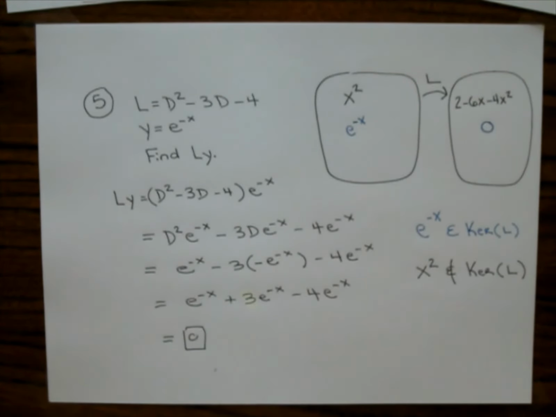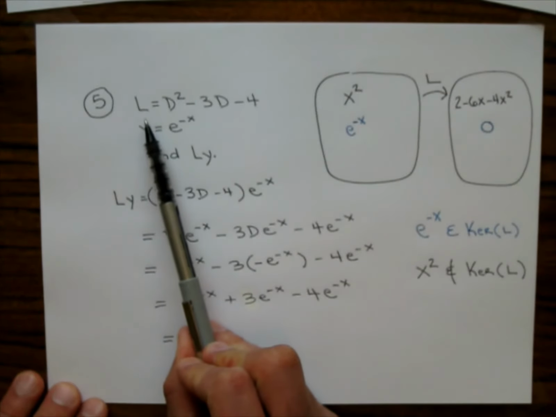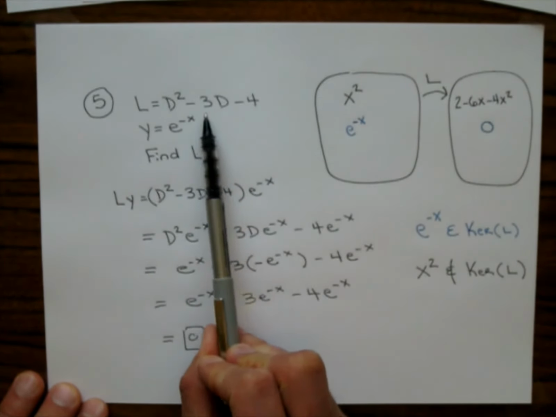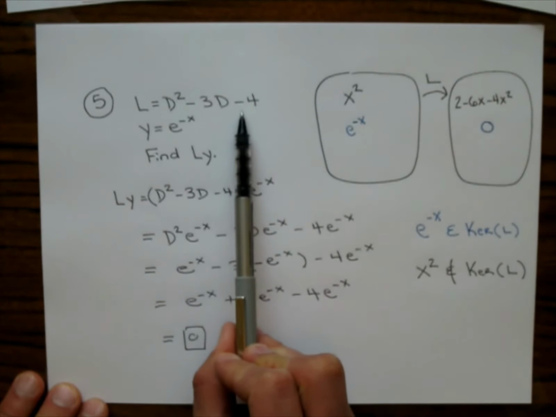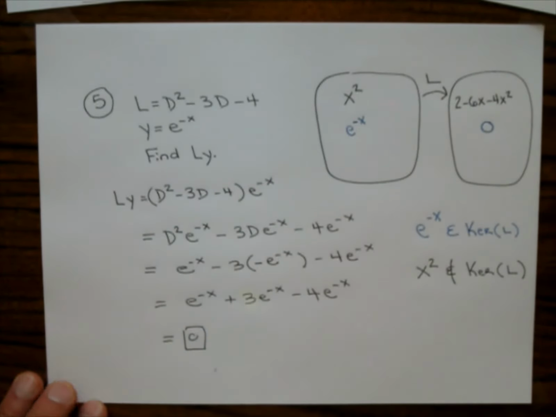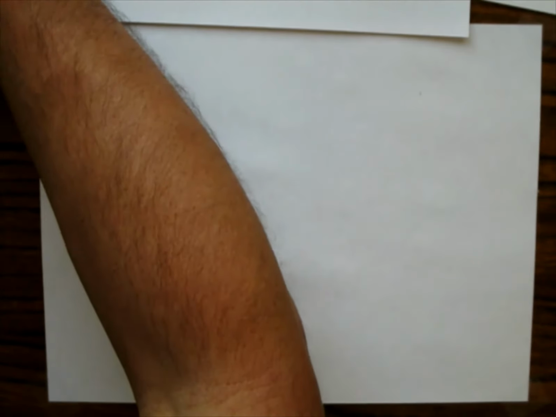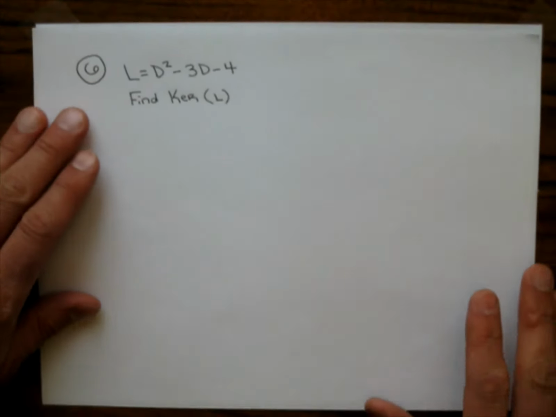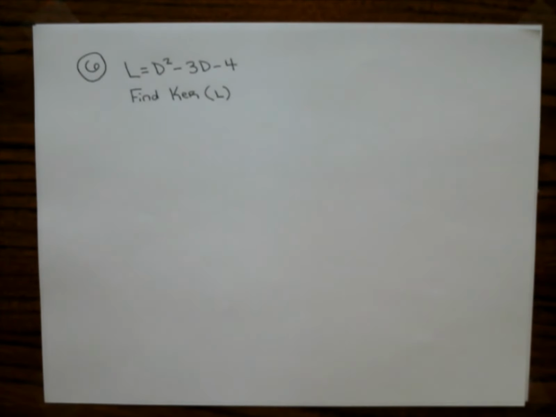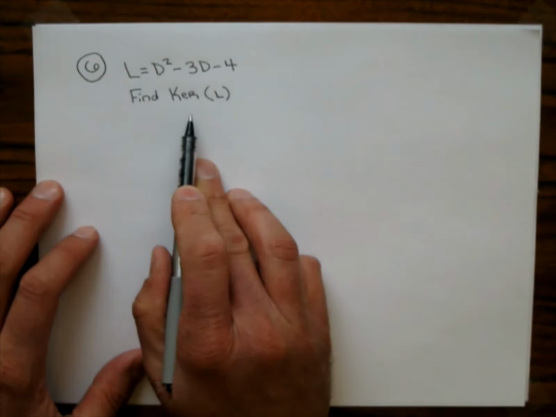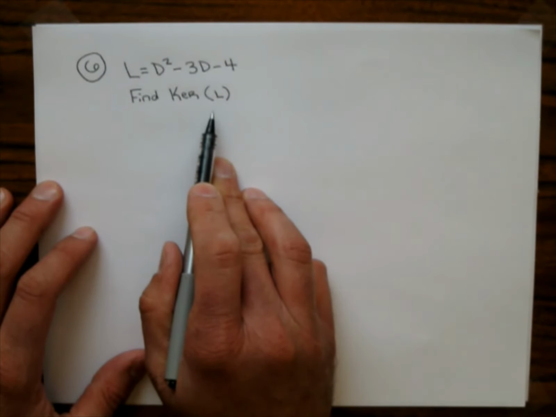So that's interesting. So you know what we're going to ask you to do on the next problem? We're going to give you this linear transformation, same one, and I'm going to ask you to find the kernel. So let's do that. Here's a linear transformation, and we are to find the kernel.